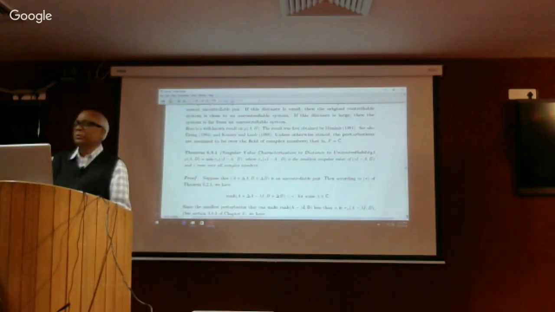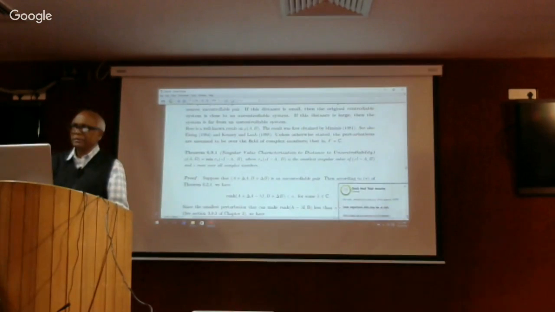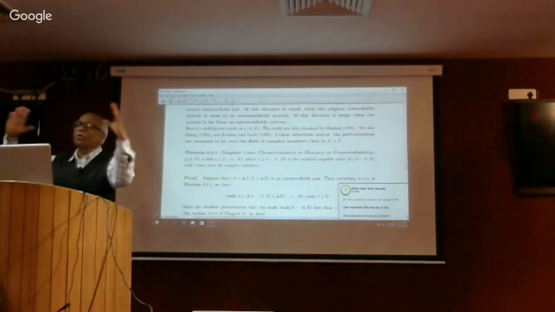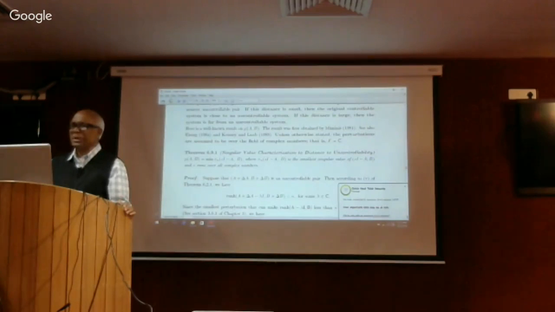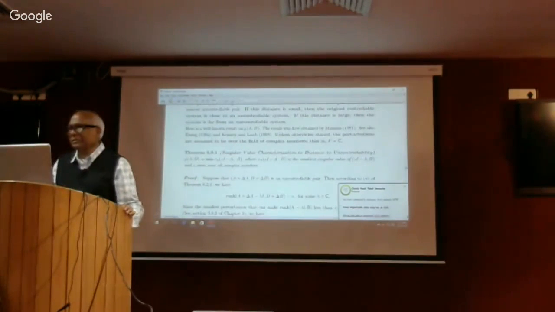So for each of these matrices, sI minus A, B, there is a smallest singular value. Then you have to take the minimum where s runs over all complex numbers, and that minimum will give you the distance to uncontrollability.